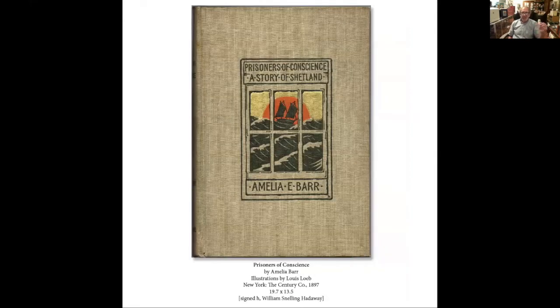Here's another one. I did a collection of Amelia Barr's books because the great covers were done on her books because she was such a popular author who most people don't know. That's another story. But William Snelling Hathaway designed this cover for Prisoners of Conscience.